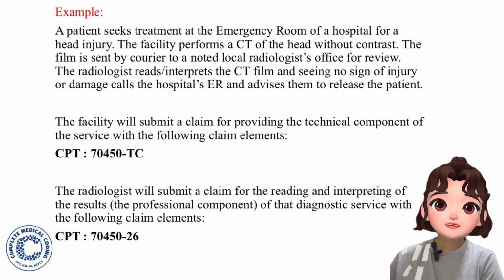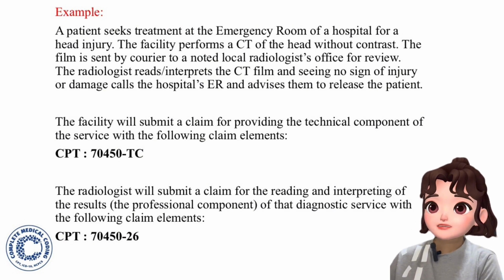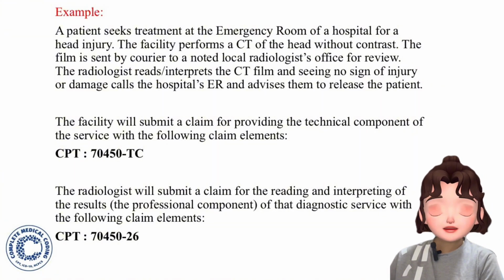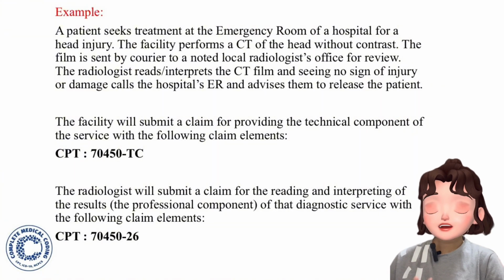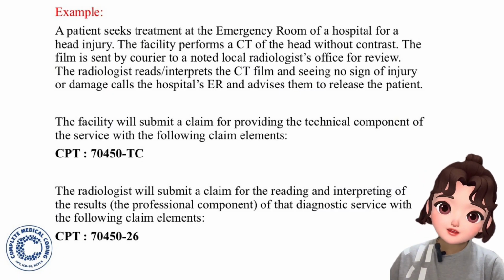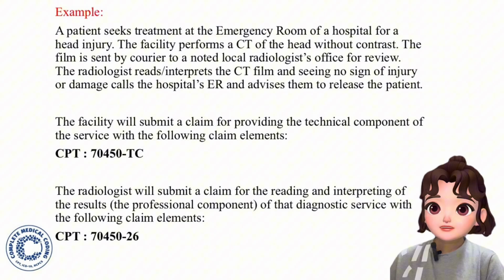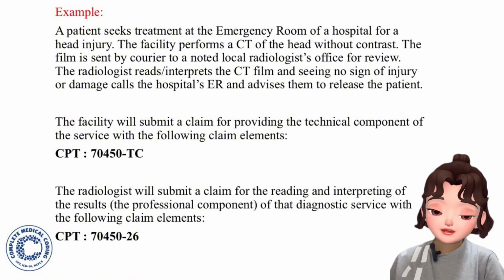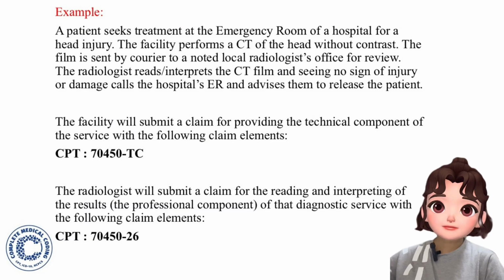If the radiologist owns the equipment, then you cannot code with modifier 26. You need to code only 70450. But here in the question, it's not mentioned. So it means you have to report the professional component. The radiologist will submit the claim with modifier 26 with the same CPT code 70450.